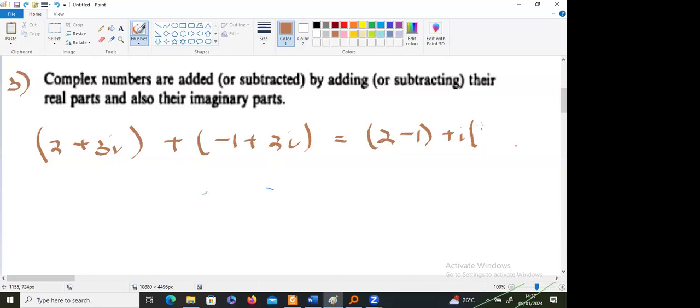When you add 2 and -1, that is 1, and when you add the 3 and the 2, that is 5i. It is ordinary addition, and also ordinary subtraction.